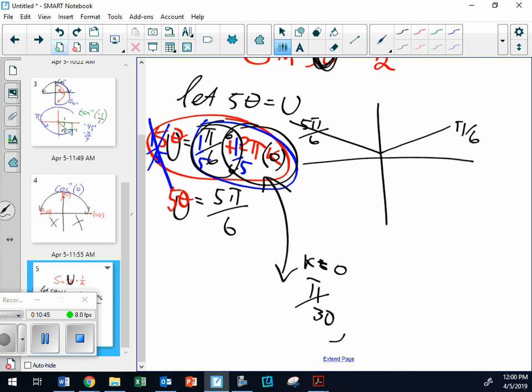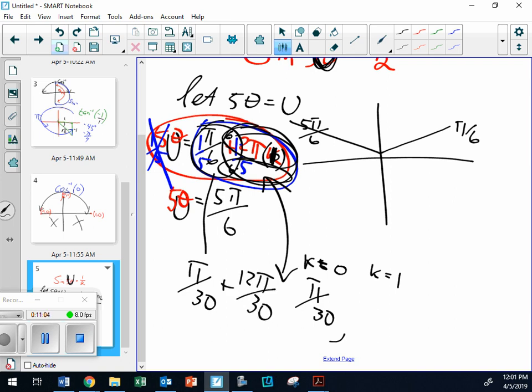But if I put in k equals 1, and I put a 1 here, and then I have 12 pi over 30. So now I'm going to clean this up here. I have pi over 30 plus 12 pi over 30, and that will give me my next answer, which I believe is 13 pi over 30.